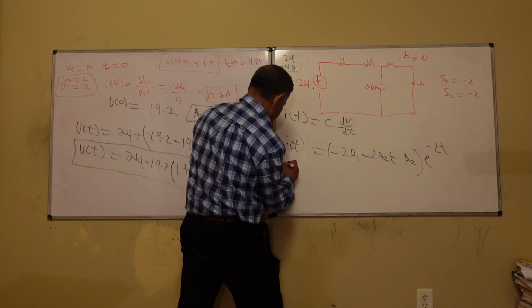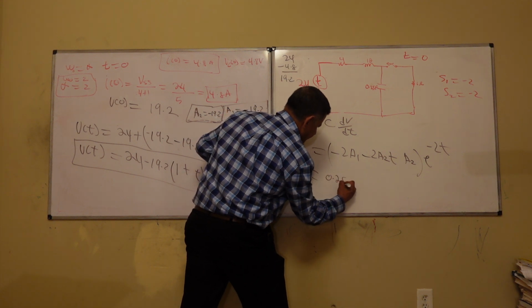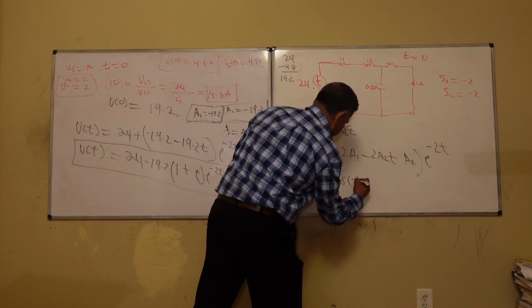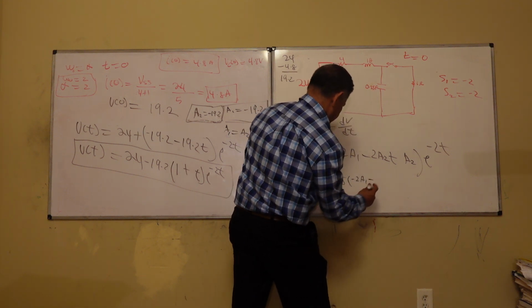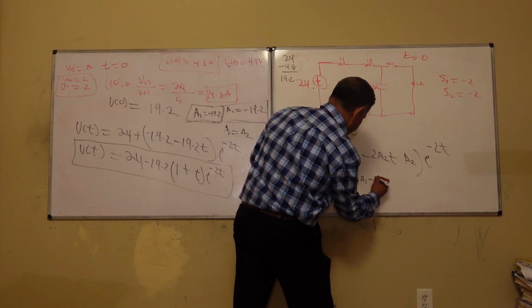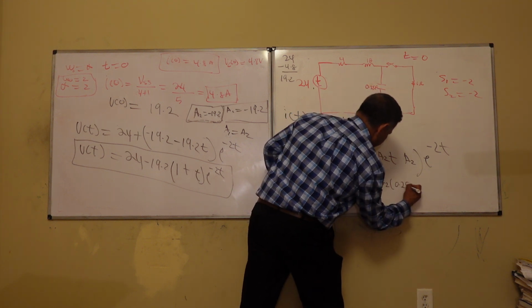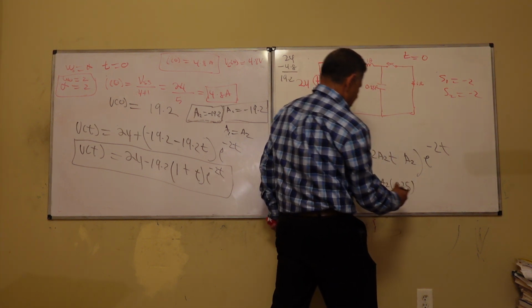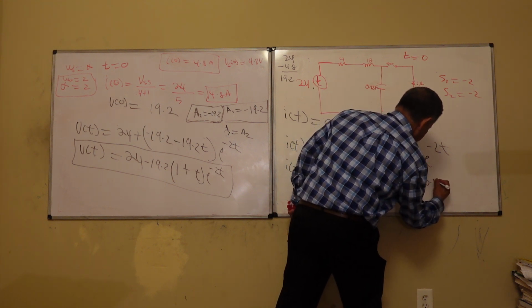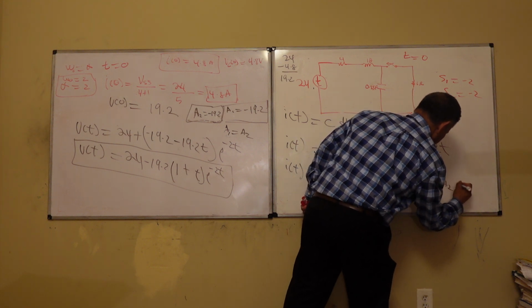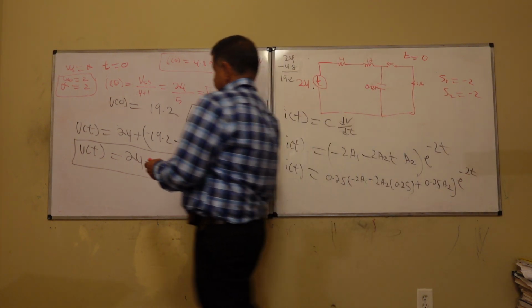So now I of t is equal to 0.25 times negative 2a1, minus 2a2 t times 0.25, and then plus 0.25 times a2, and then e to the negative 2t.